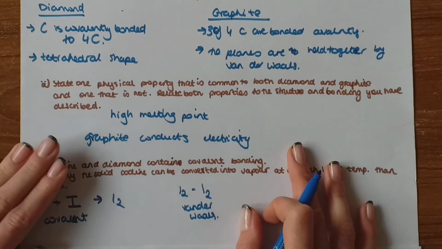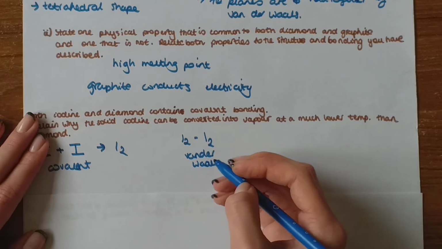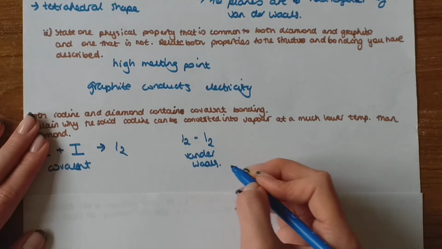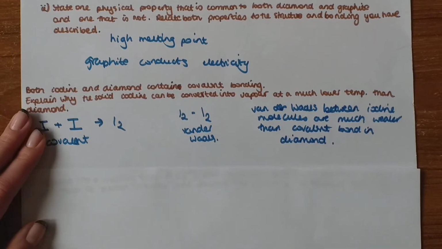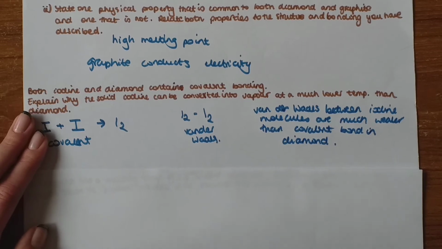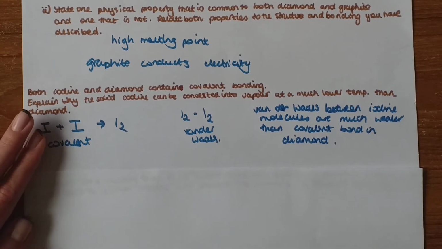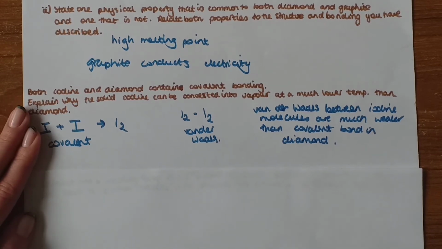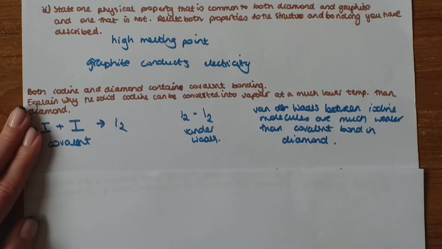So it needs much more energy than iodine molecules because the iodine molecules only have these weak van der Waals forces. And this is our answer. As you probably know, the intramolecular forces, so covalent bonds and ionic bonds, are stronger than hydrogen bonds, and then hydrogen bonds are stronger than van der Waals forces. So van der Waals forces are least strong.